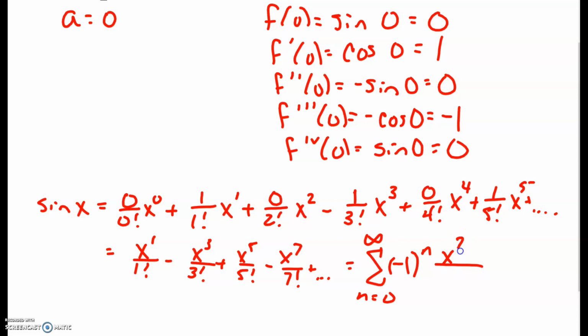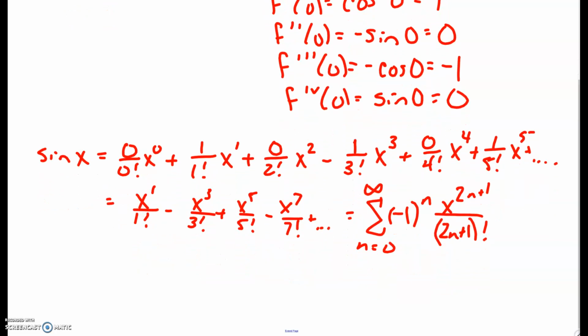So we're going to take x to the 2n plus 1. We also want odd factorials, so we're going to have 2n plus 1 factorial. And that is the Maclaurin series for sine of x.